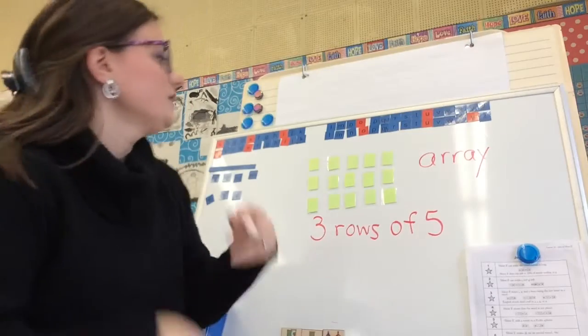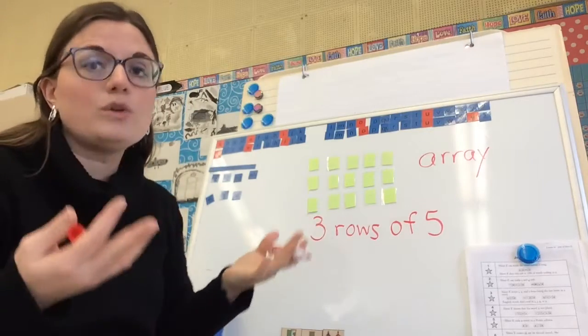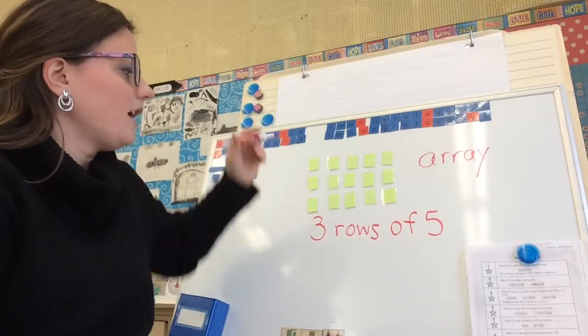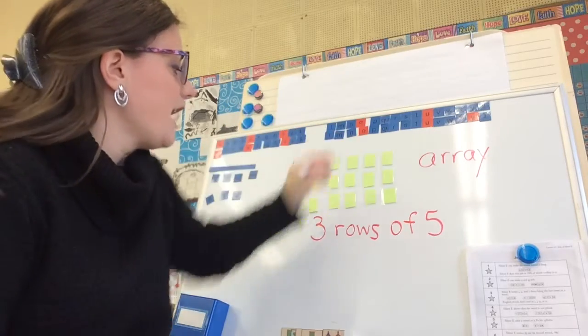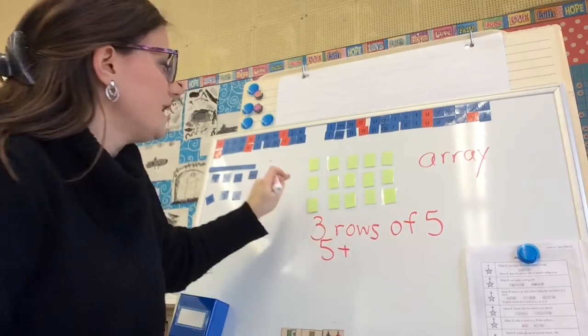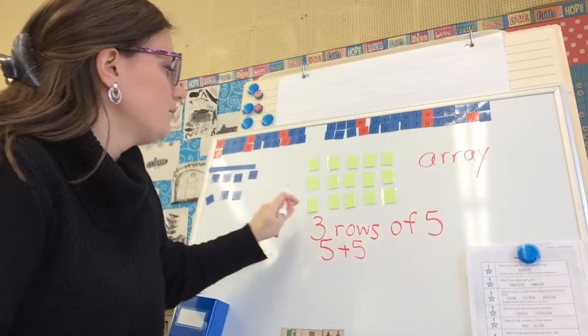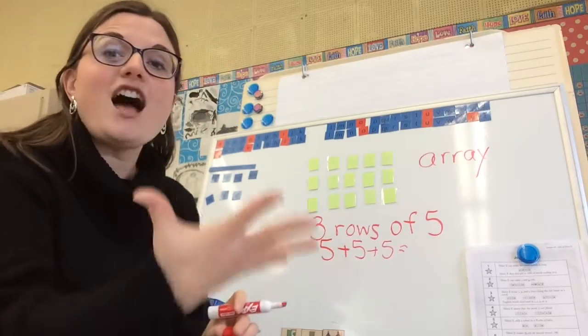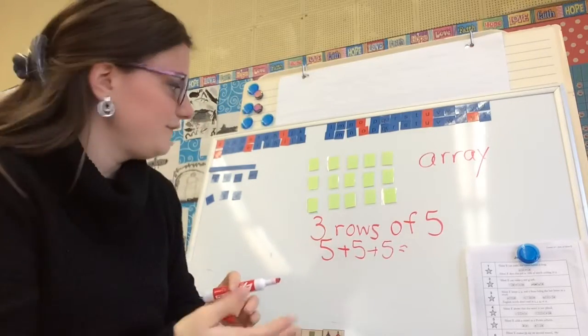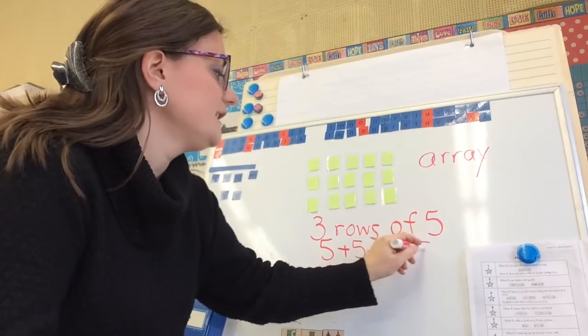If I wanted to know how many total blocks I have, I would count my 3 rows of 5. So I'd go 5 plus 5 plus 5. Can we count by 5s? 5, 10, 15. Right, I have 15.